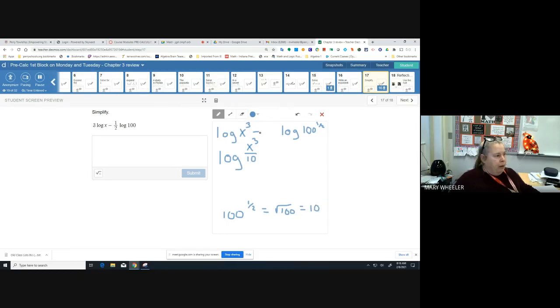And they're being separated with a minus sign. What you want to be careful about is don't do this. Don't put log x cubed all over 10. Okay? You're taking the log of x cubed over 10 like that.